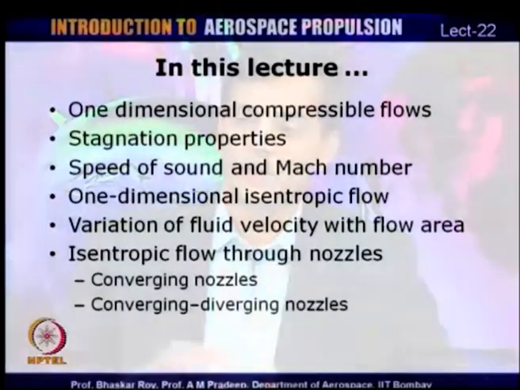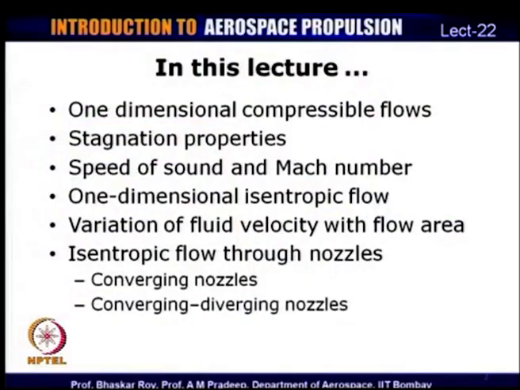So, what we shall discuss in today's lecture are the following. We will begin our talk today with a discussion on what we mean by one dimensional compressible flows. We shall talk about stagnation properties, and then we shall talk about speed of sound and Mach number, how to define Mach number, and then we shall look at one dimensional isentropic flow and variation of fluid velocity with flow area.